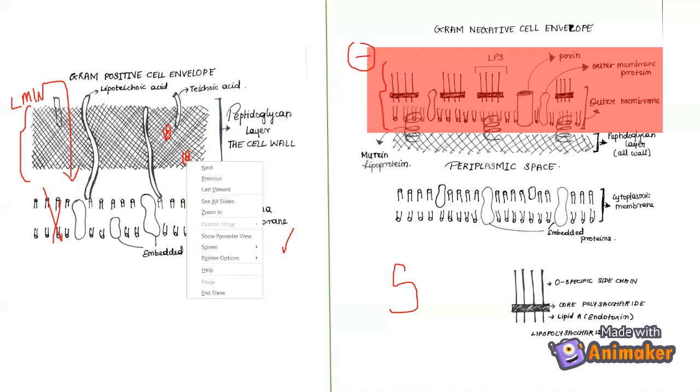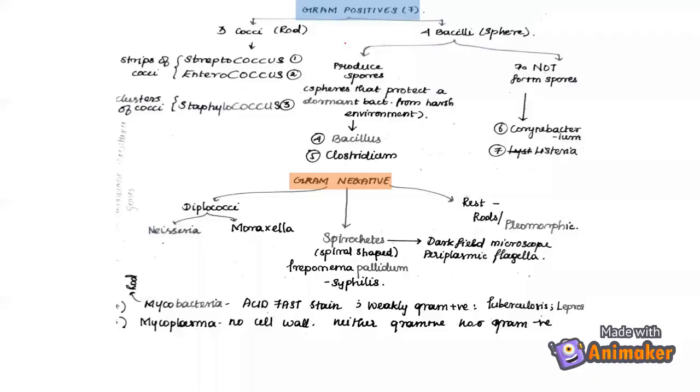The outer lipid-containing layer of gram-negative organisms is partially dissolved by alcohol, thus washing out the crystal violet, and it allows the safranin counterstain to take.